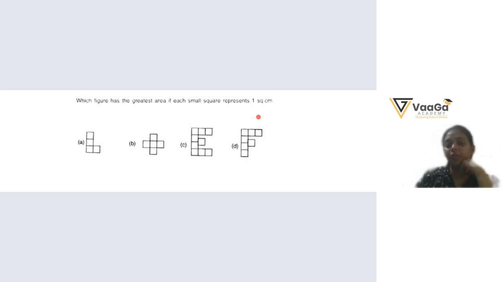Right. So if each square represents 1 square centimeter, what is the area of the figure A?